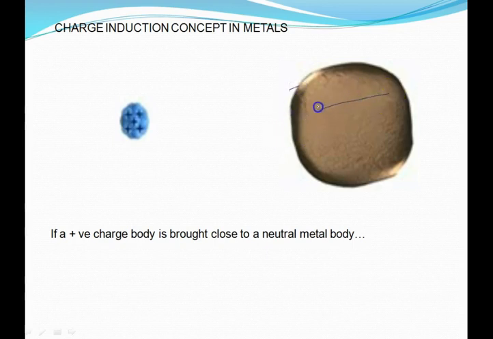Negative charge will move toward this side, because there is a positive charge zone. So when the negative is moving toward this side, a deficiency, known as positive charge, will be created on the surface. Here also positive charge will be created, like this.